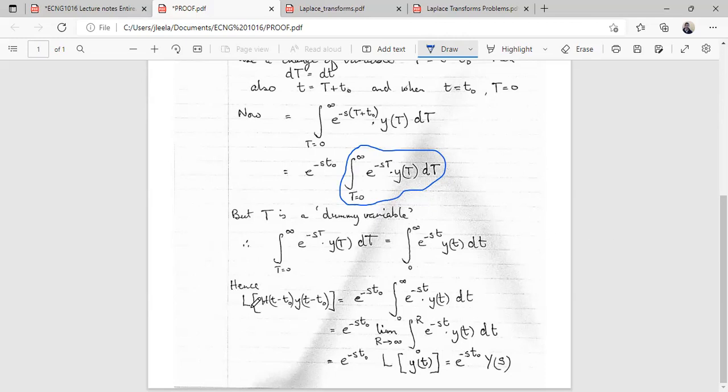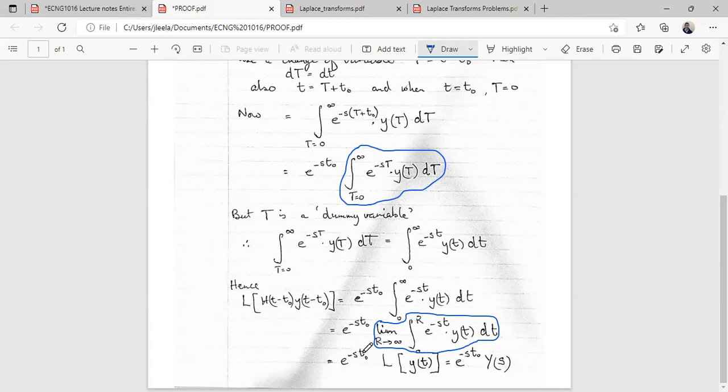So now all we have to do is take the Laplace transform of this, which we already originally stated is this part here, e to the minus st naught times the integral of e to the minus st y of t dt. And then you take the limit of this part as r tends to infinity, where you replace the upper limit by r. And this part here is, by definition, the Laplace transform of y of t.